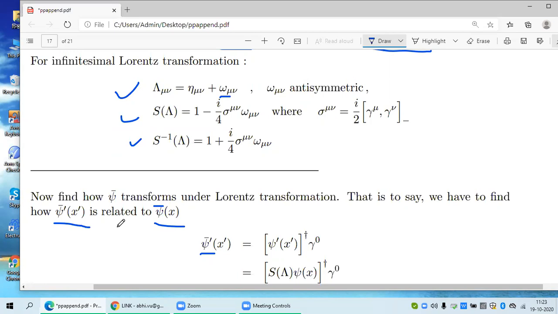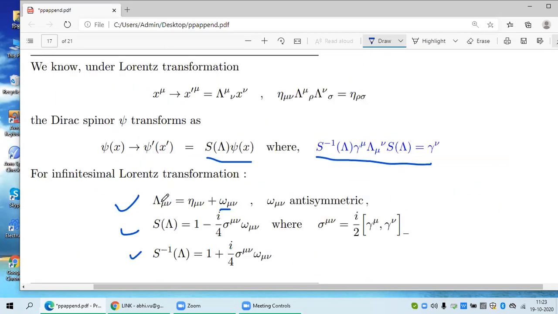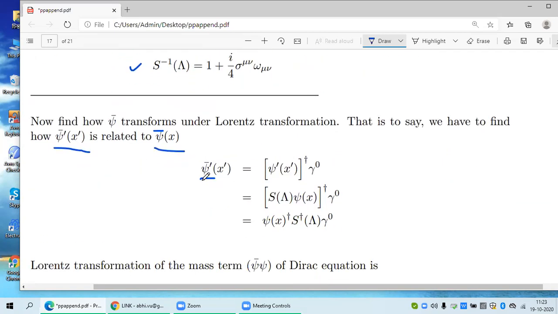That is the Lorentz transformation property of psi bar. For psi I know. For psi bar, take this: by definition, psi bar is psi dagger gamma 0. That is the definition of psi bar. Clear? From the earlier class.